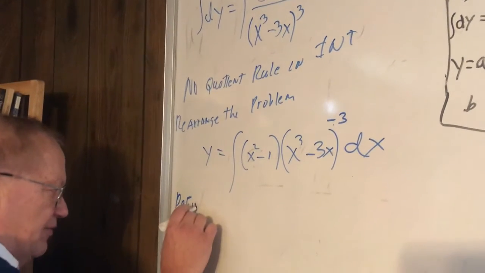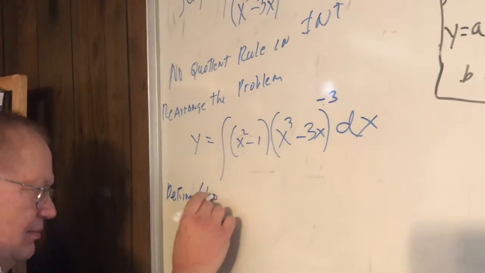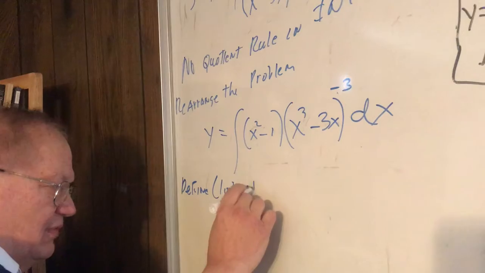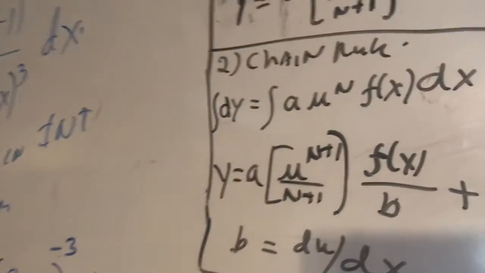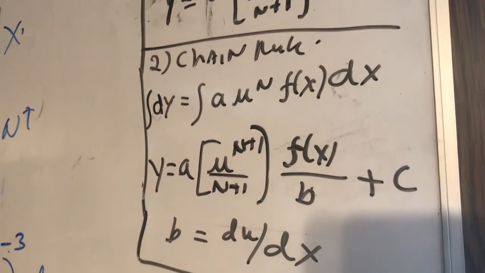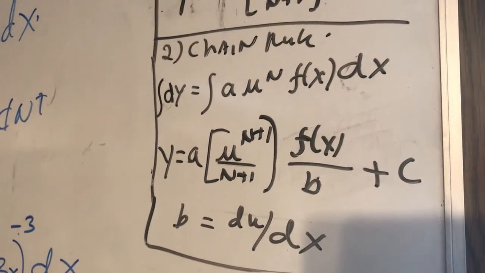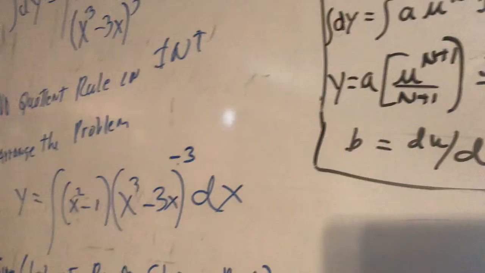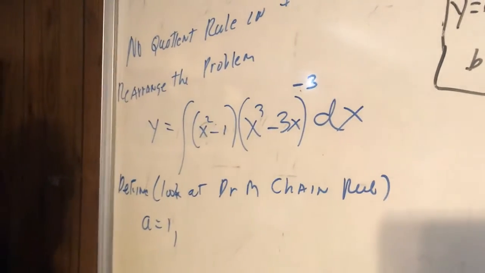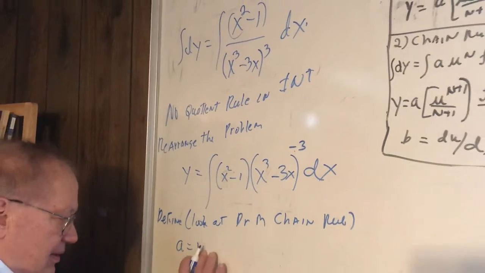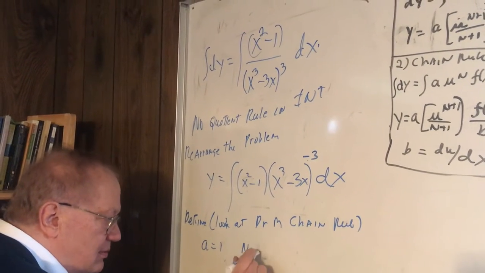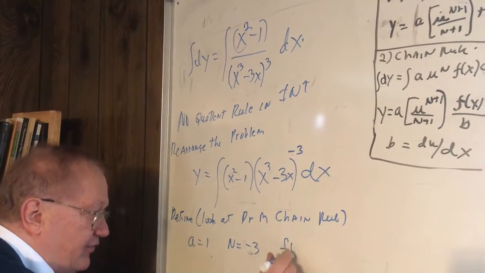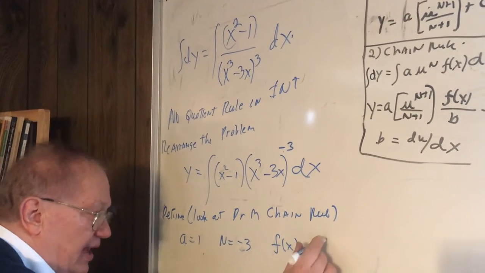I look at the chain rule. Look at Dr. M's chain rule and see what I need. I need a. Well, a is 1. I need n. n is minus 3. I need f of x, which is x squared minus 1.